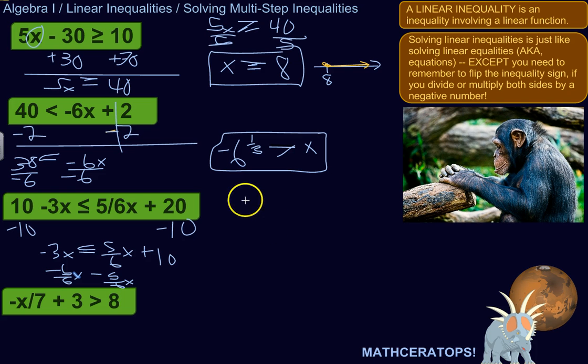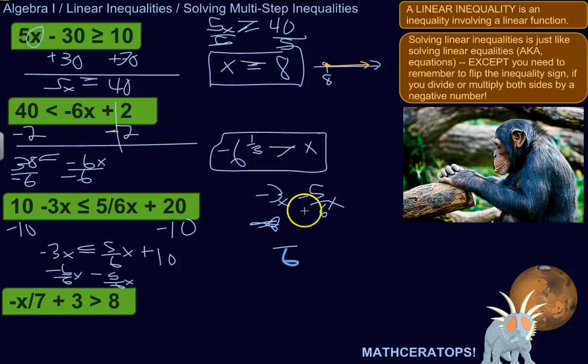Okay, so I'm gonna do this over here. Negative 3x minus 5/6 x. I need to have a common denominator here. So I'll make this negative 3 into something out of 6, so they both have a denominator of 6.